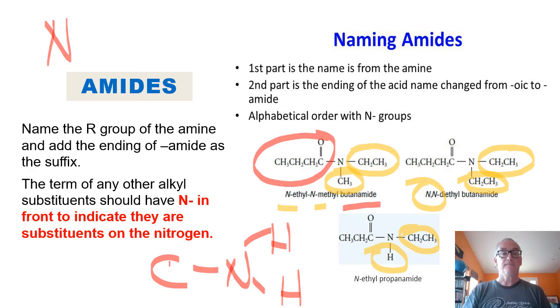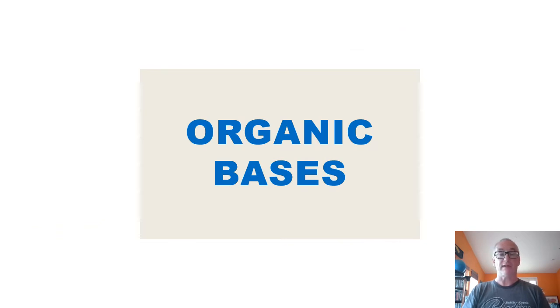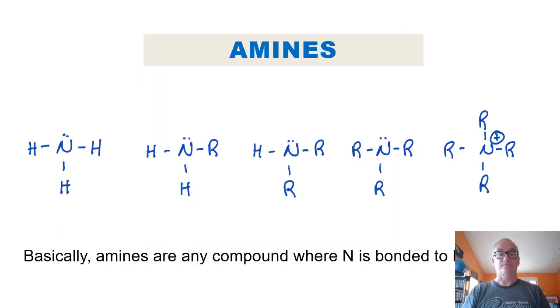Okay? Now let's look at some of these organic bases. The main organic base is amines. So this is ammonia. We know ammonia can be a base because ammonia can take on another hydrogen, and one of the definitions of a base is it can take on a proton. It can be protonated.